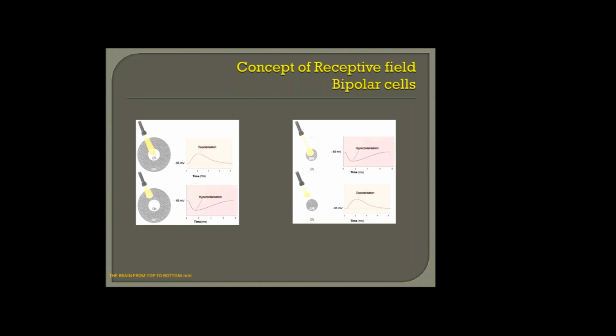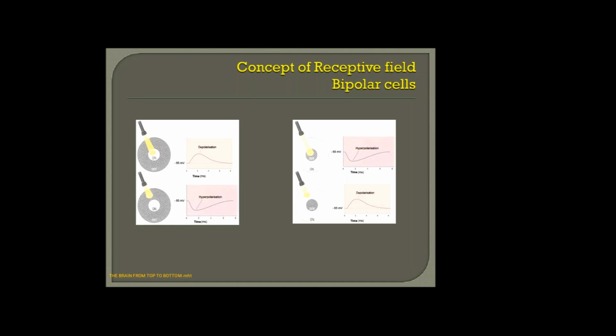Now focus on the slide being shown. Here the on is at the center and the off is at the periphery. If light falls on the on segment, the action potential gets the peak. See the depolarization here; it is written as a depolarization, but it just reverses if it comes from the opposite side.